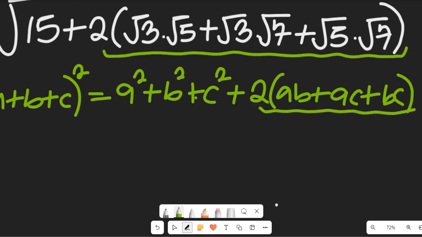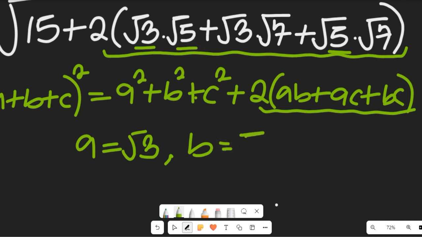You can see that a is equal to the square root of 3, b is equal to the square root of 5, and c is equal to the square root of 7.